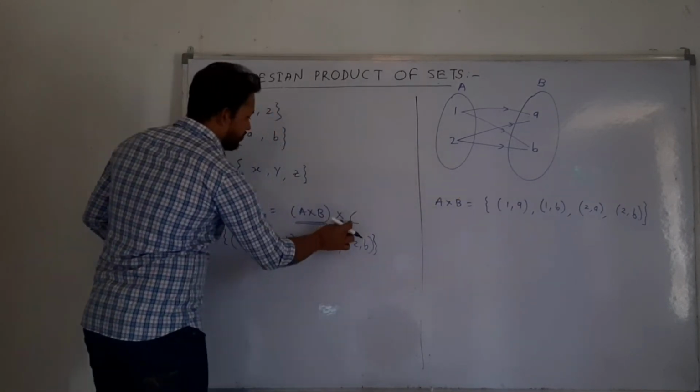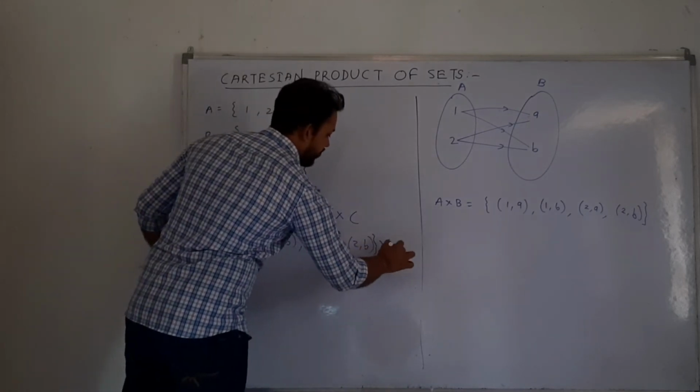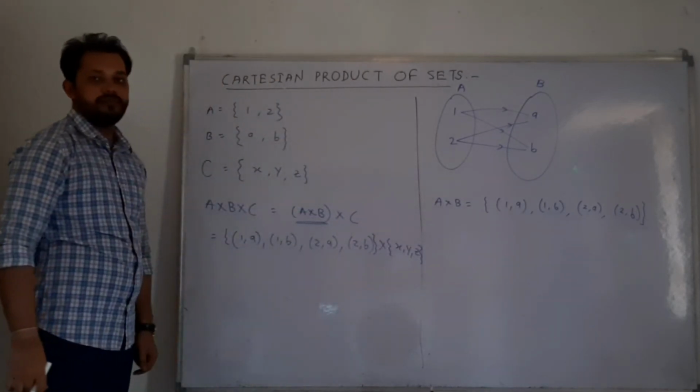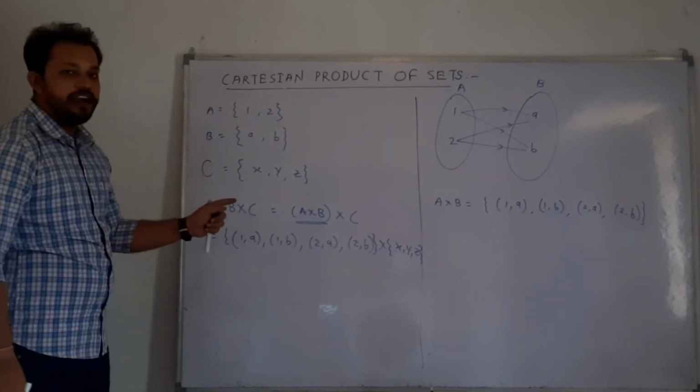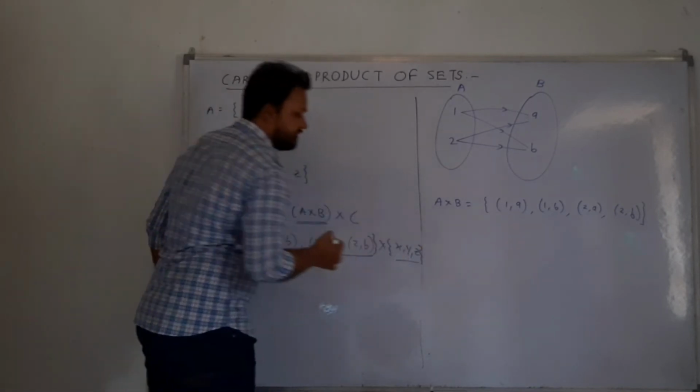Then cross C, and C is this set, x, y, z. Then we will find the cross product of this set and this set.